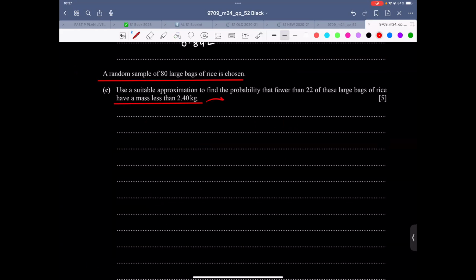That means we are interested in this probability of 20%. And the number of trials is 80. So let me write X follows a binomial distribution that is 80, 0.20. So n, the number of trials, is 80, probability of success is 0.20, probability of failure is 0.80.